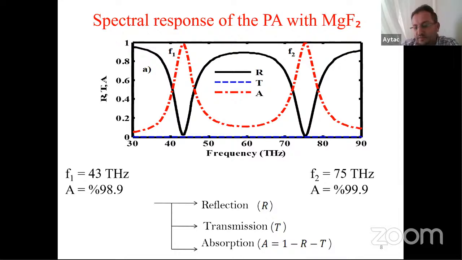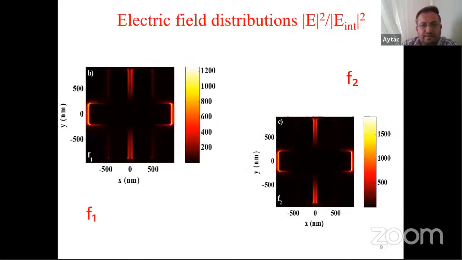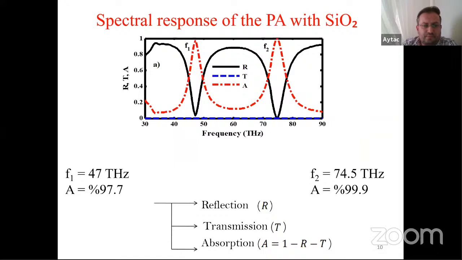These absorption rates are very important for sensing applications, so these rates must be nearly unity. And for the near field enhancements at the first and second resonance frequencies, we get 1,200 times at first, and the second is also a high rate.